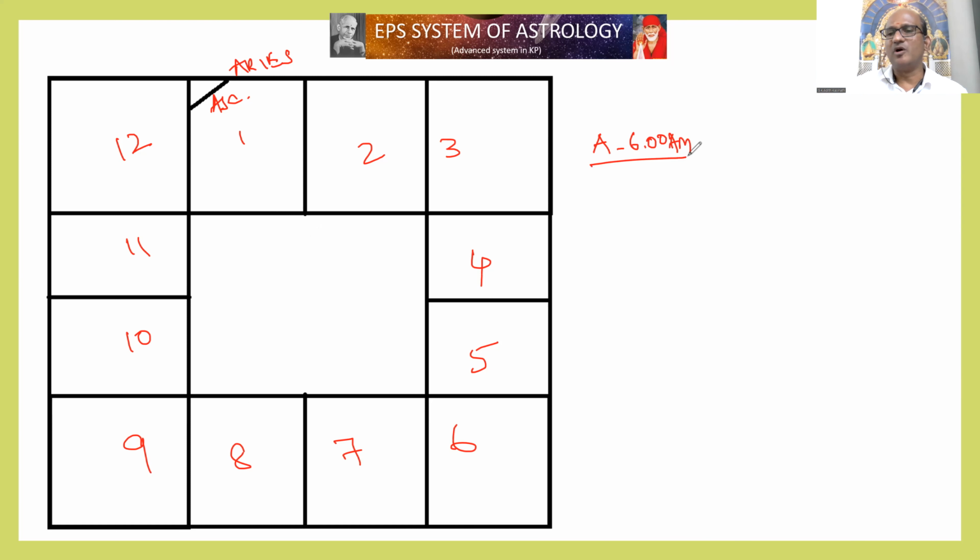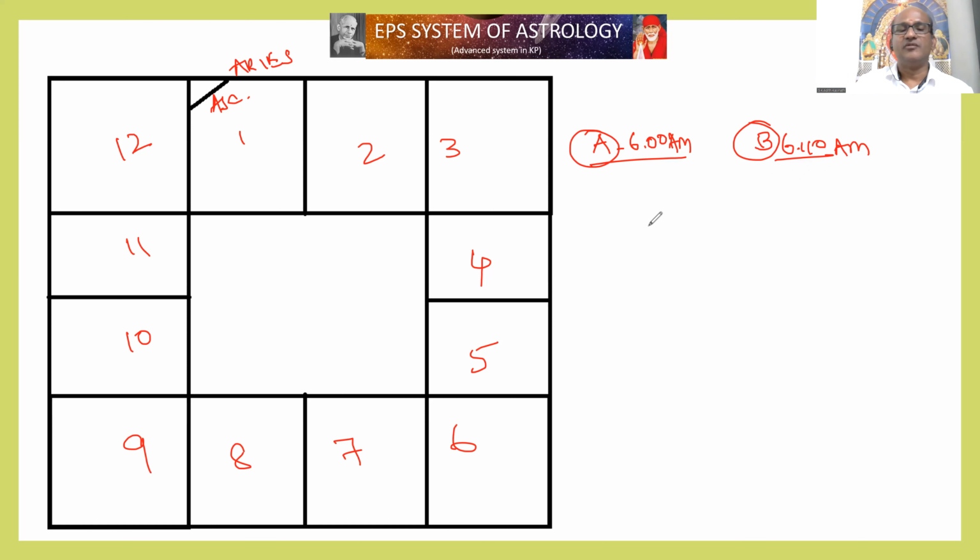Another person was born at 6:10 a.m. That person is B. It may be a twin or in the same hospital or in the same locality. Another child was born 10 minutes or 5 minutes before or after. Not at the same time. No child will be born at the same time, right? Because Earth is revolving continuously.